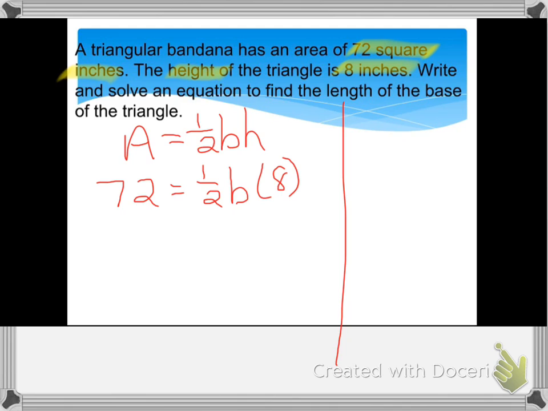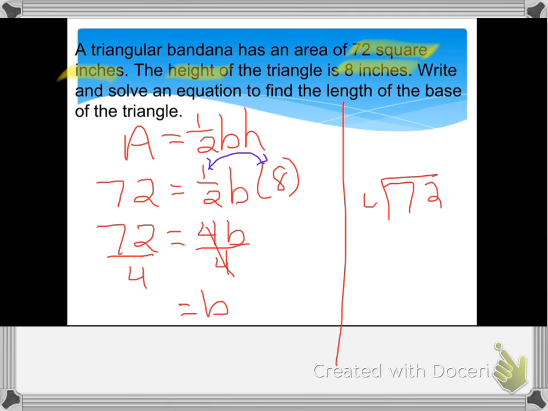Now from here, remember we talked about how the commutative property and associative property help us here. Because this is multiplying, we know we can do this in any order, or we can group it however we choose. 72 stays the same. 1/2 of 8 is 4. So then we're left with 4b. And now I'm going to divide both sides of my equation by 4. 72 divided by 4, this might be one that you need to show some doodle work for.